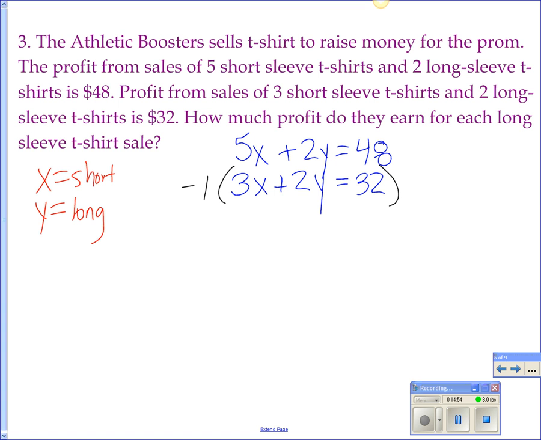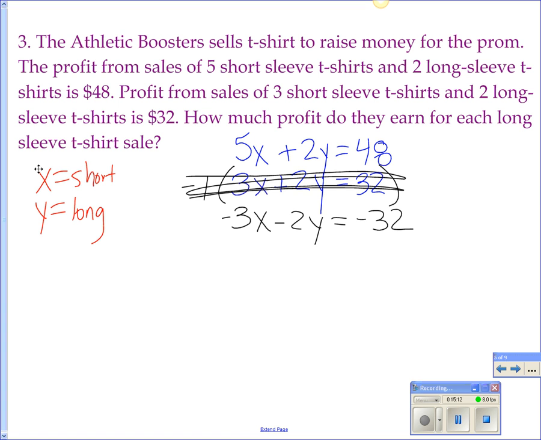Chuck, what do you get when you multiply that bottom one by -1? All right, I'm not going to write as much on this one, so I'm just going to scribble this one out so I don't have to write as much. I multiplied it by -1. Sorry, what symbol do I put out to the side?